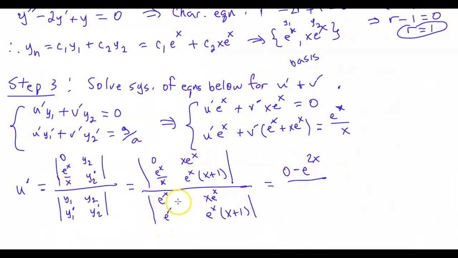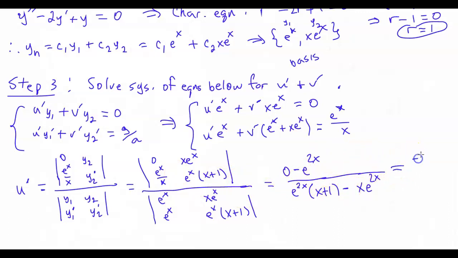In the denominator here, I will have e to the x times x plus 1, which I'll just rewrite as e to the 2x times x plus 1, minus, then I'll multiply e to the x times x e to the x, so that'll be just x e to the 2x. Okay. And so now all I need to do is simplify this.